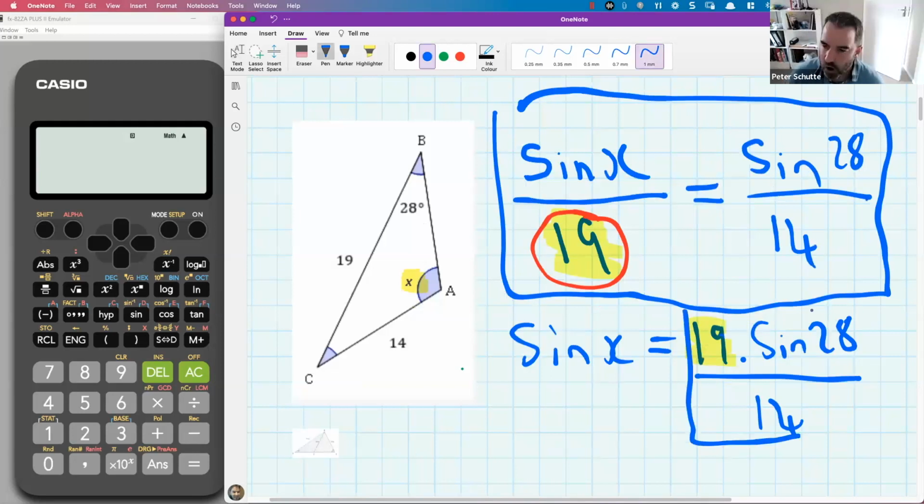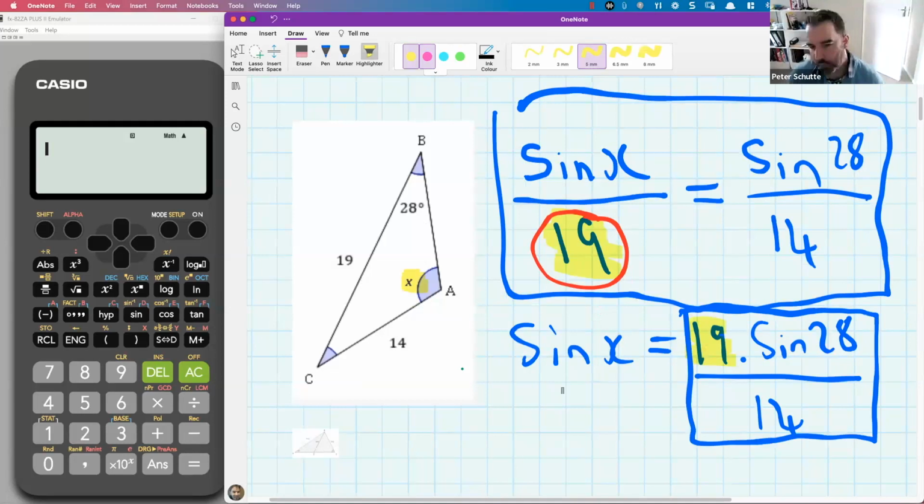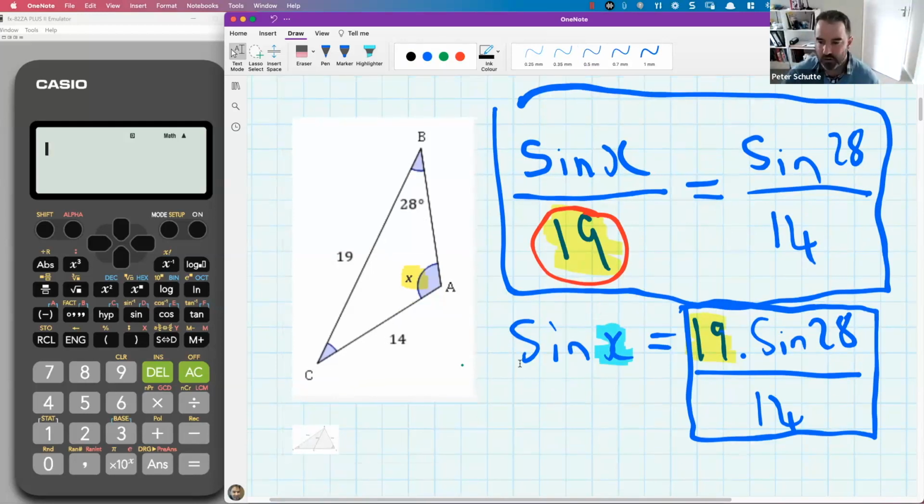Okay, now I want to ask, can you guys try and work out what the value of x is now using this equation that we've got here? We've said the sine of x is 19 times the sine of 28 over 14. Now, what do we get for a value for x? And this is where we're going to have to use the inverse sine function.